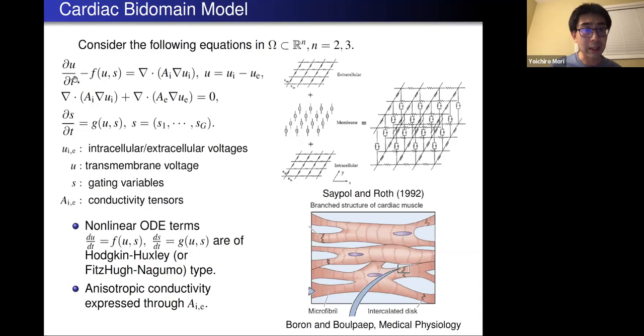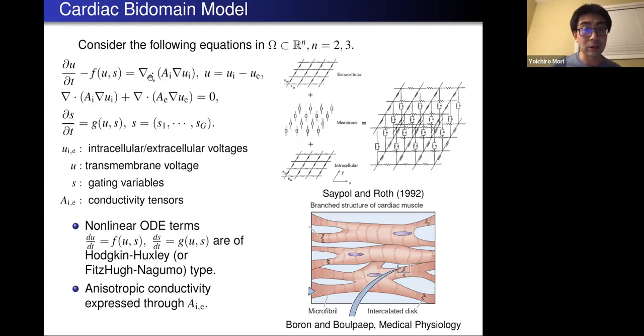The first line, ∂u/∂t − f(u, s), is equal to the divergence of A_I grad U_I. This is the current continuity equation as applied to the intracellular space. U_I and U_E are the intracellular and extracellular voltages respectively, and A_I is the conductivity tensor of the intracellular space.